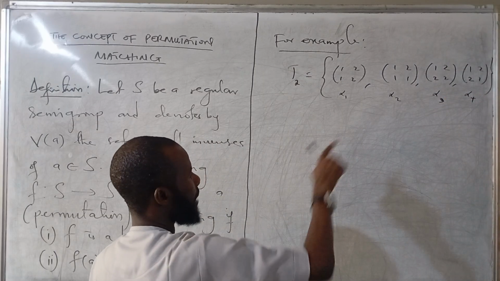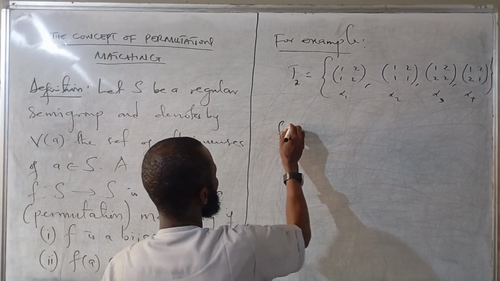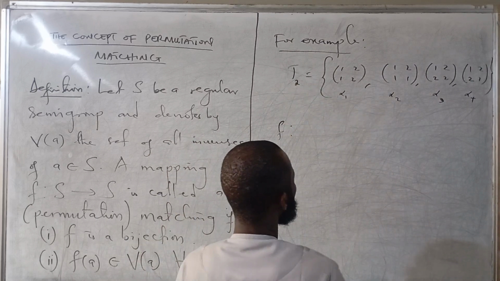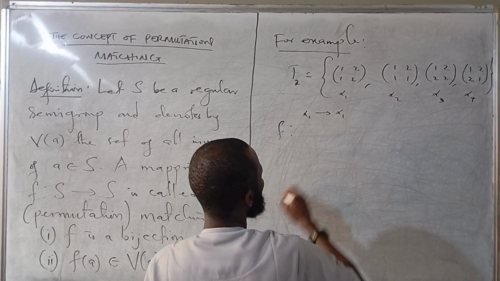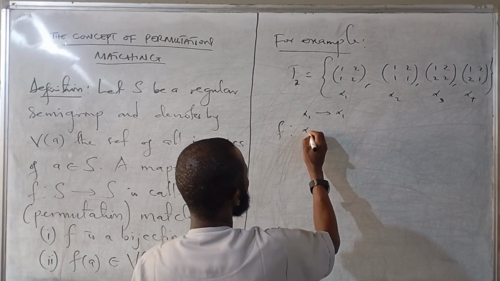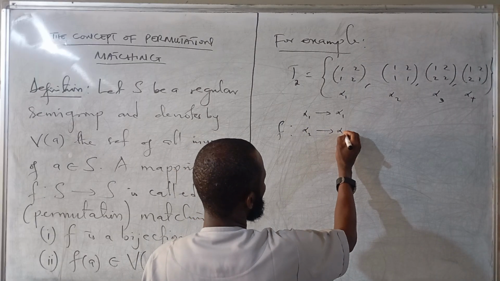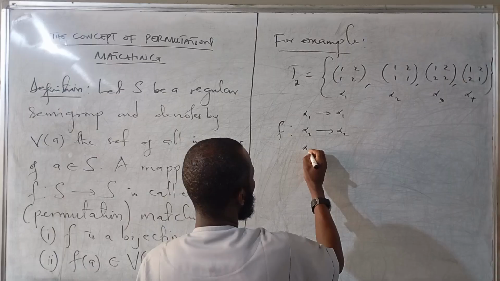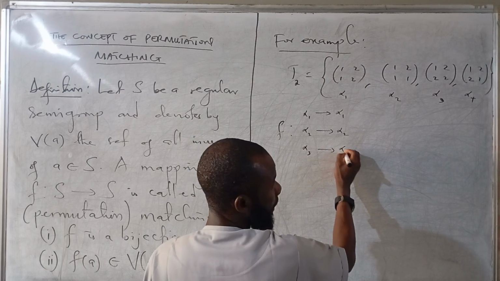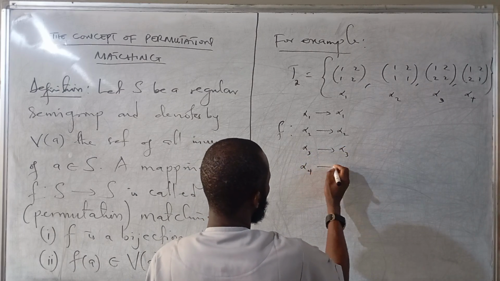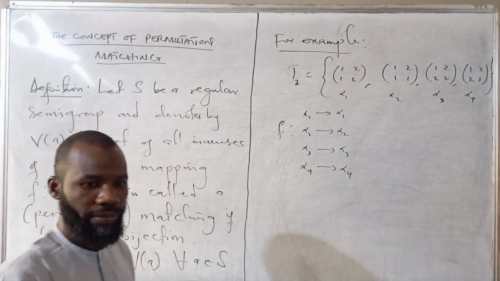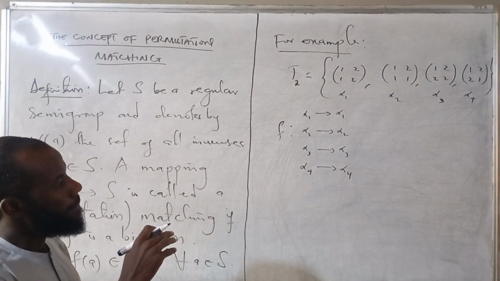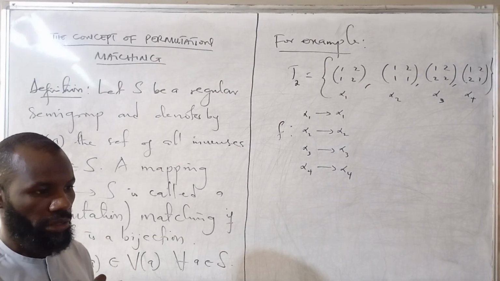Then we can define a map F from this semigroup to itself by sending alpha 1 to alpha 1. In fact, it is an identity mapping: alpha 3 maps to alpha 3, and you send alpha 4 likewise to alpha 4. This map is a permutation matching.